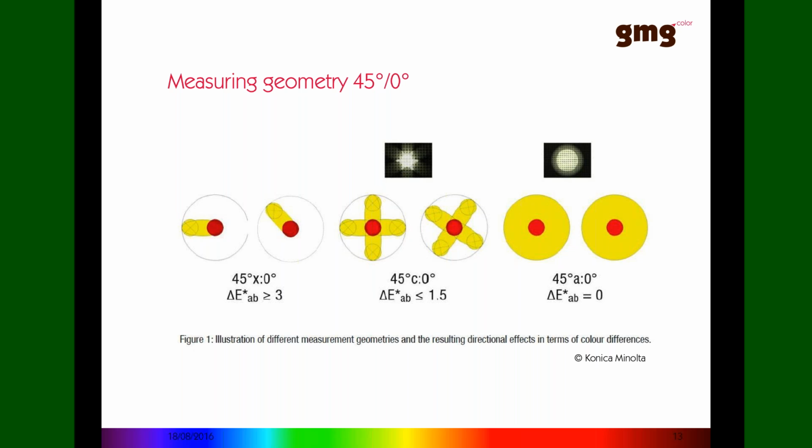The one in the middle, the circumferential ring optic, is, for example, used by the i1 Pro 2. So it's quite good to use this geometry for measurement.